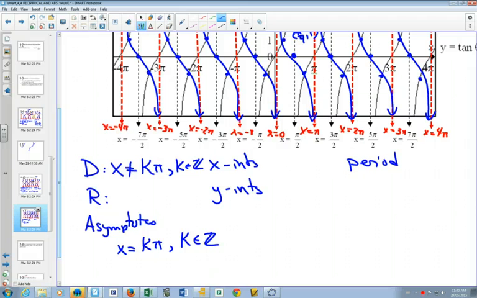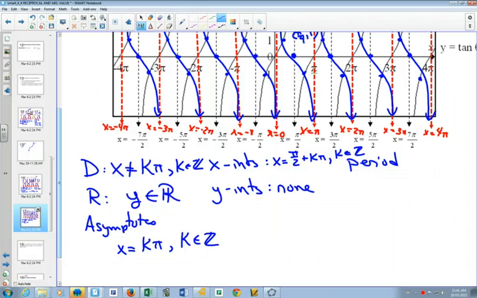Our range is everything. Our x-intercepts are the same places where cos is equal to 0. So our x-intercepts are all starting at pi over 2 plus k pi, where k is an integer. Again, you could write it as the (2k plus 1) times pi over 2 as well, where k is an integer. We have no y-intercepts.